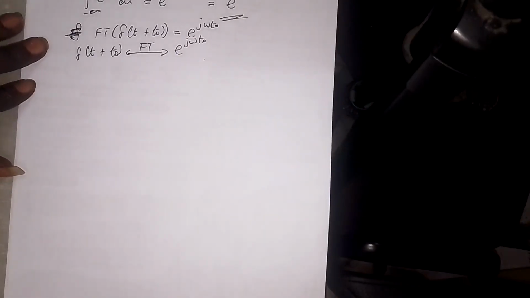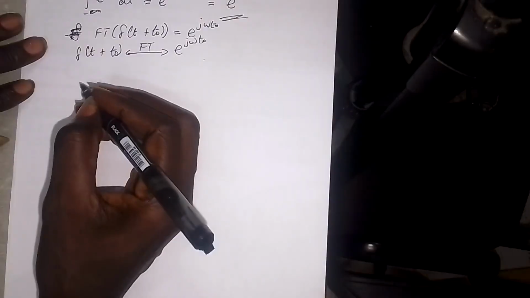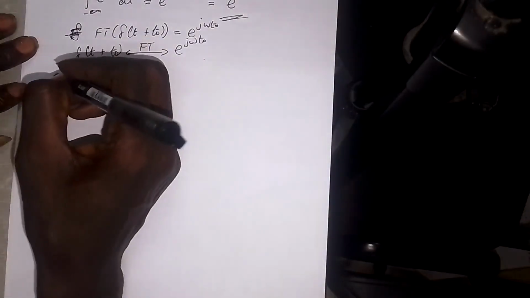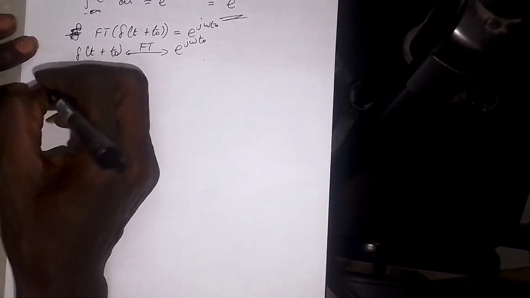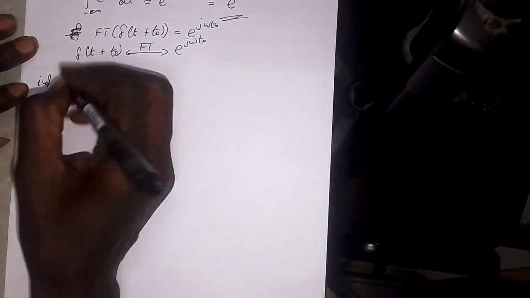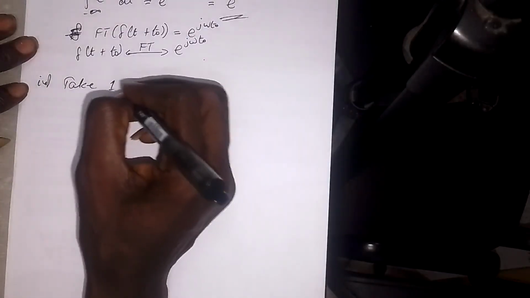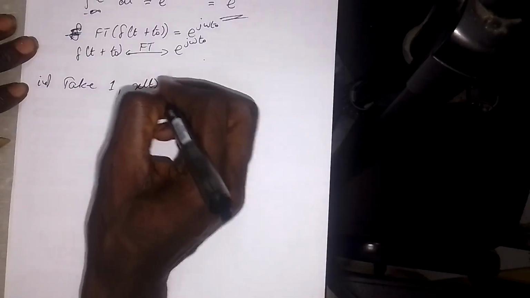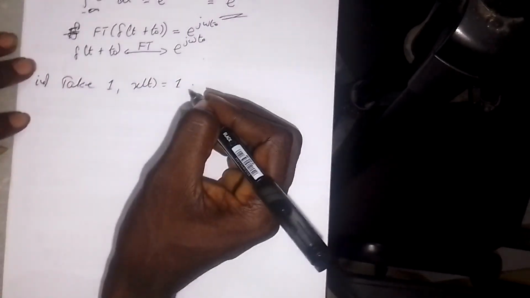Now let's go to the last one, which is the constant amplitude. So, part IV. Let's say the constant amplitude, let's take 1, such that x of t is equal to 1.